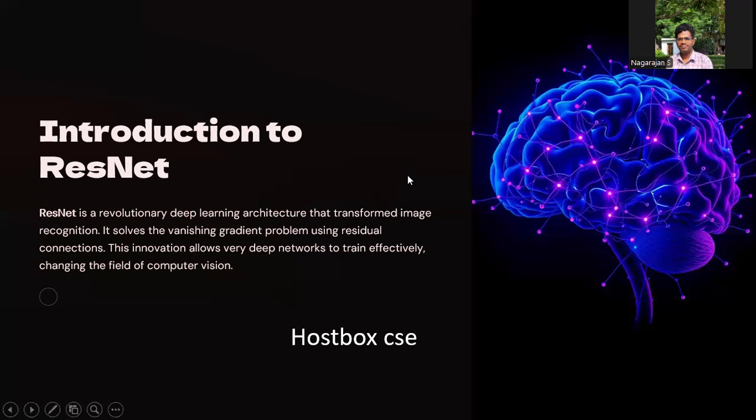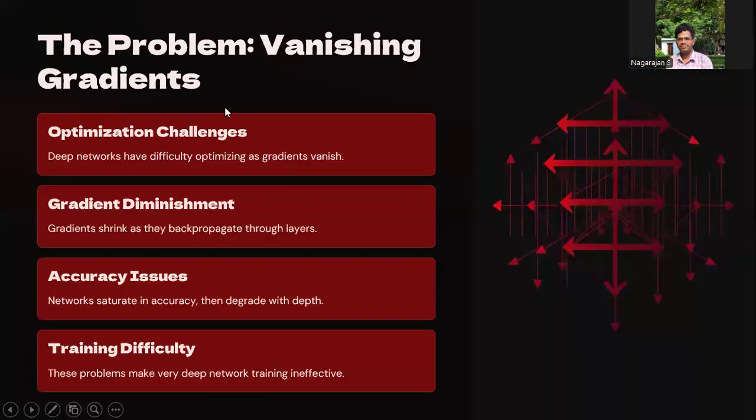The vanishing gradient problem is about optimization challenges, gradient diminishment, accuracy issues, and training difficulty. Generally, deep networks have much trouble when you go for optimizing, as the gradient vanishes. Optimization is what helps to get the best results from the given input.